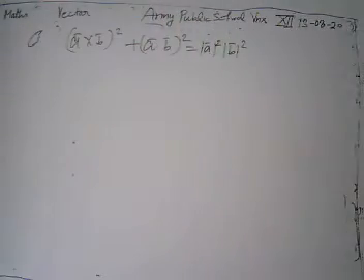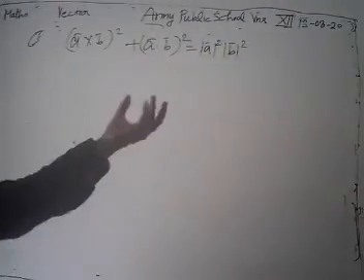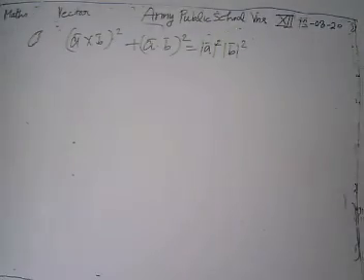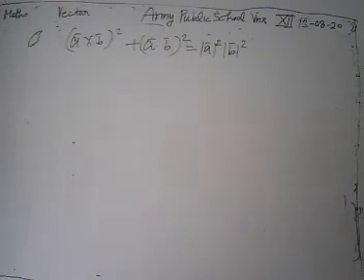You can also keep in mind that the relationship between the cross product and dot product, (A cross B) square plus (A dot B) square, is given by length of A square times length of B square.